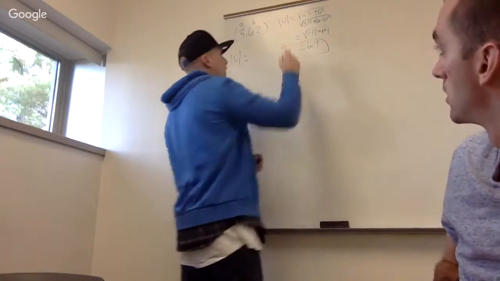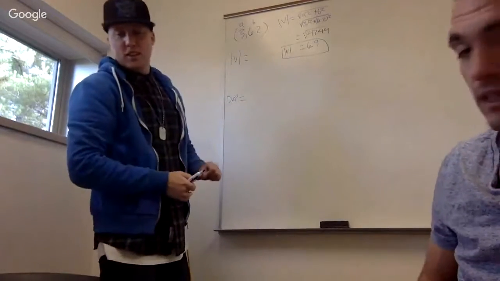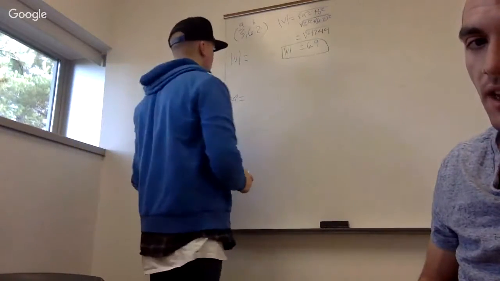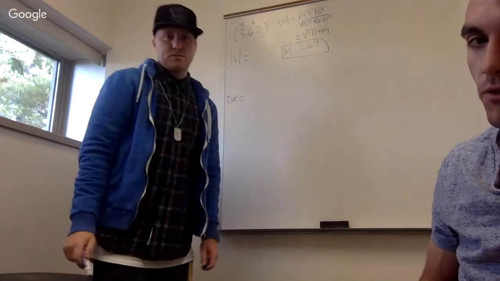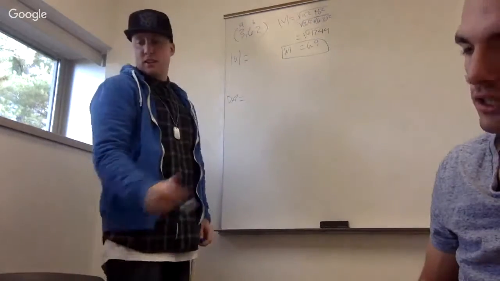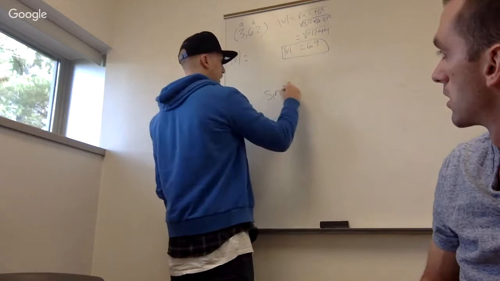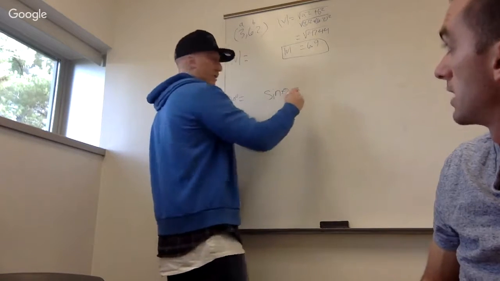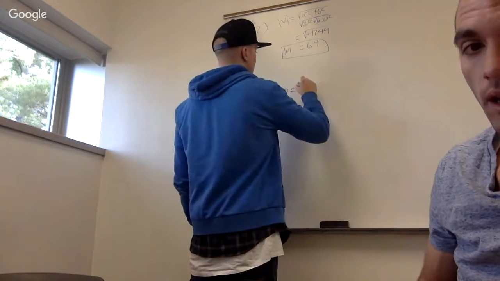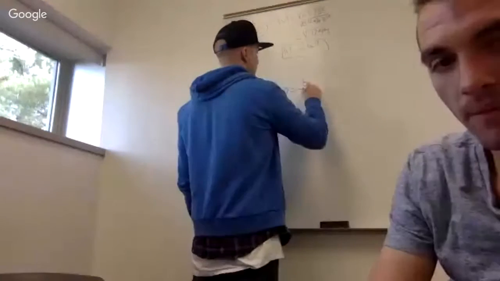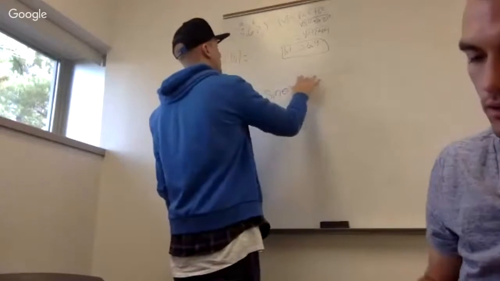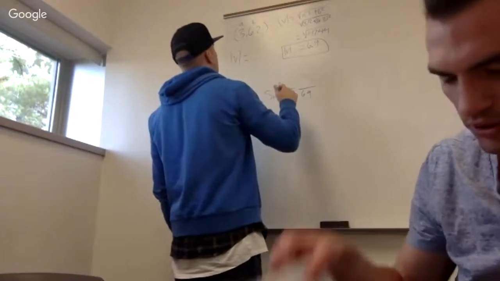I'll have to write this all down, but it's okay. So we got sine of theta equals b over the absolute value of v. B is our 6.2, right?